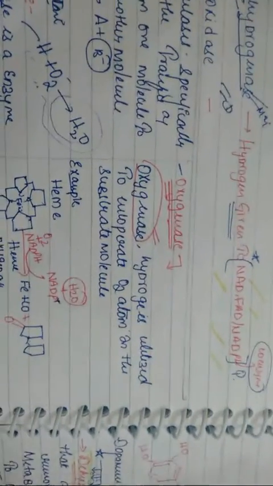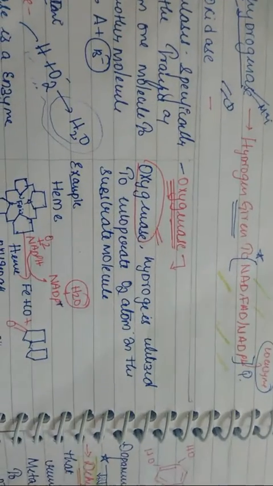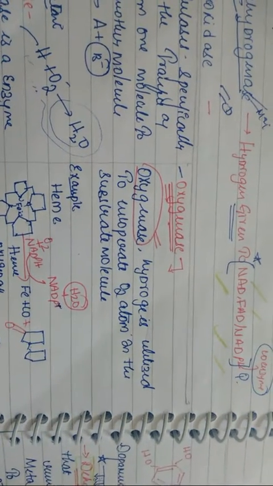If you see the next example here, regarding the oxygenase. So what is the oxygenase enzyme here? The hydrogen is utilized to incorporate oxygen atom in the substrate molecule. If you see, this is a heme molecule. I want to incorporate oxygen into the heme.